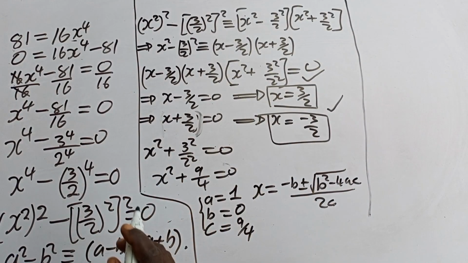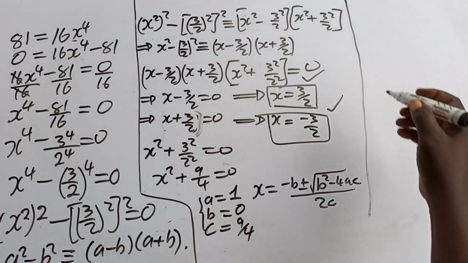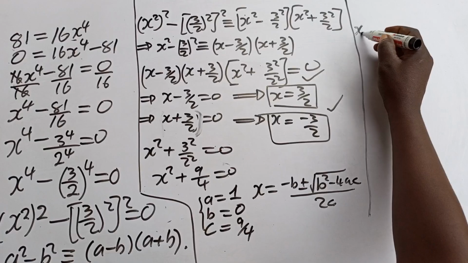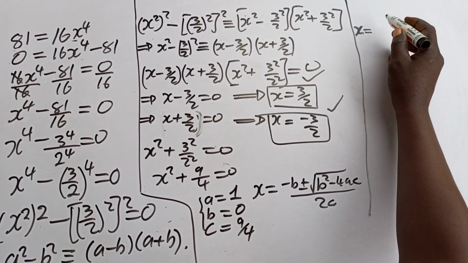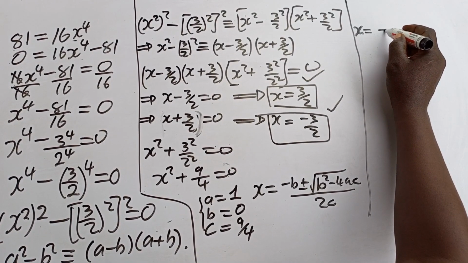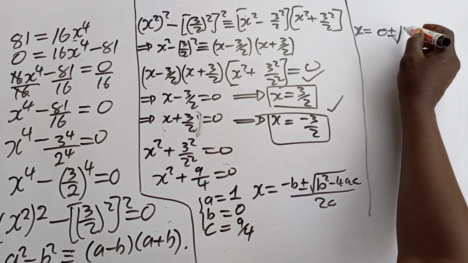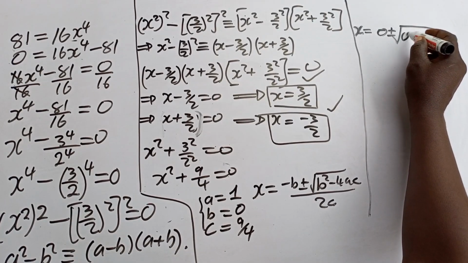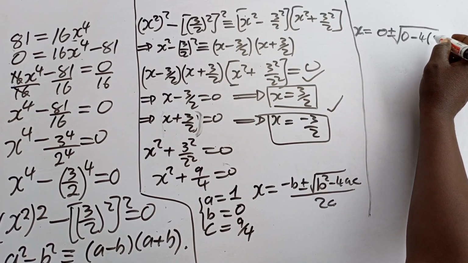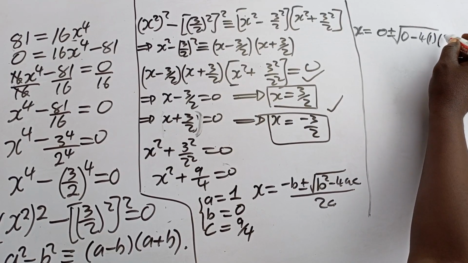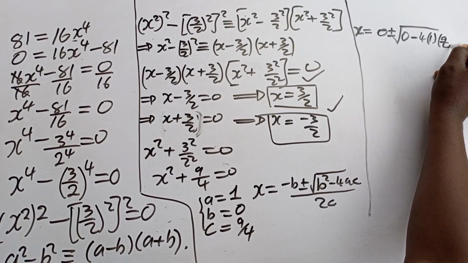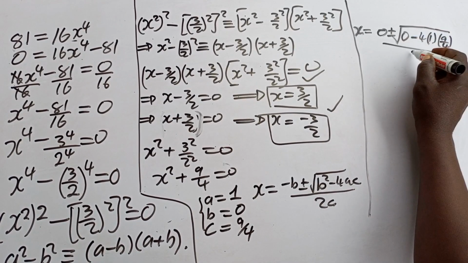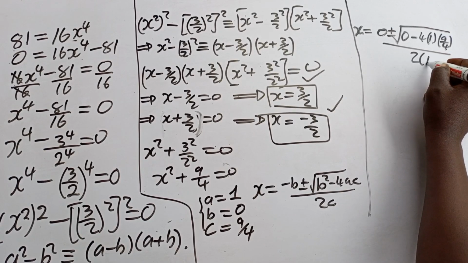Now let's put everything in our formula and see what we get. So we're going to have x is equal to 0 plus or minus the root of 0 minus 4 into a into c, 9 all over 4, all of that divided by 2a.